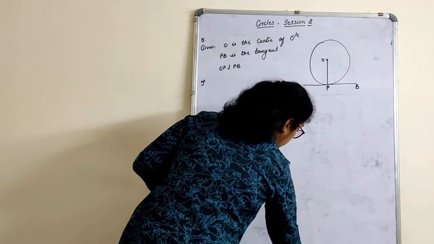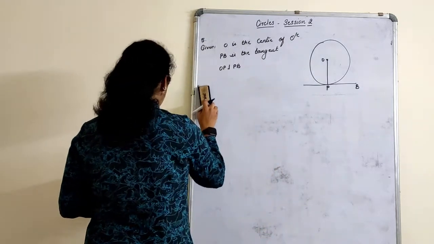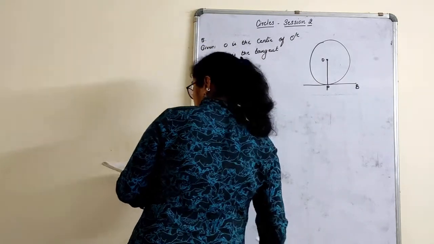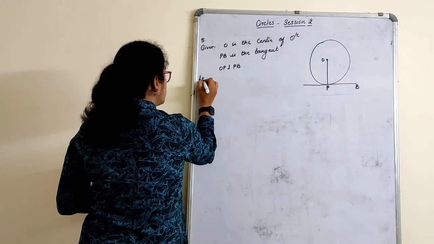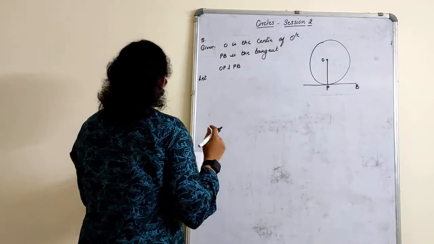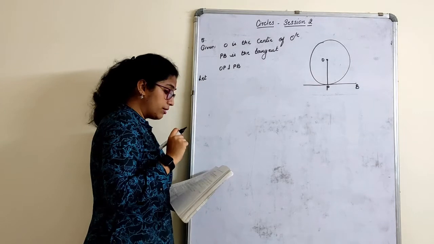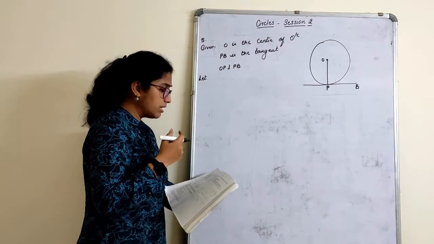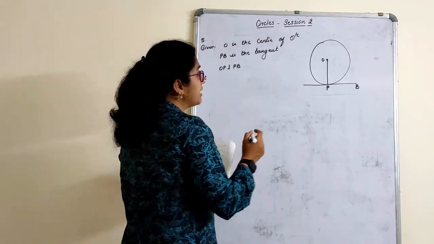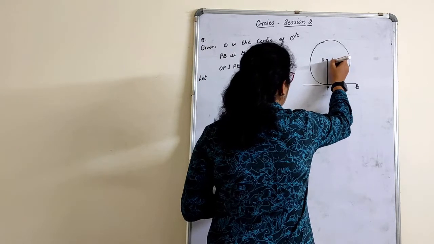One more thing we have to write here is, because what they have given here is a perpendicular at a point of contact to a tangent to a circle passes through the center. That means I need to consider one more point.